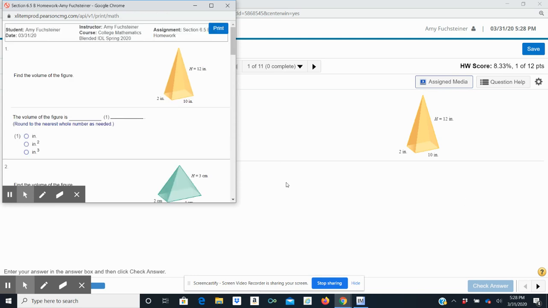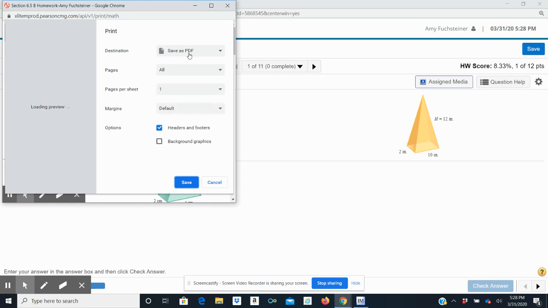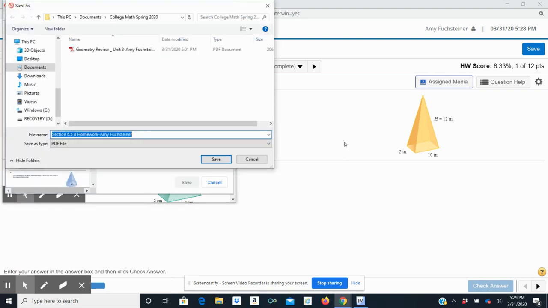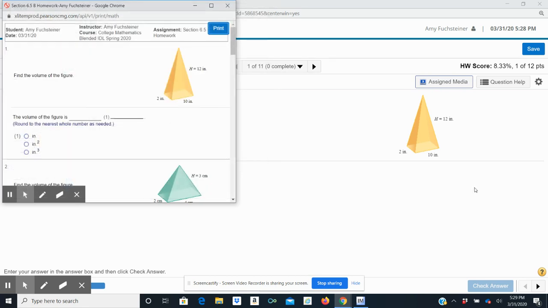There, now it's going to download all of the questions. I can hit print and save as PDF. And then I've already got a folder. So now my 6.5 is saved. All right.